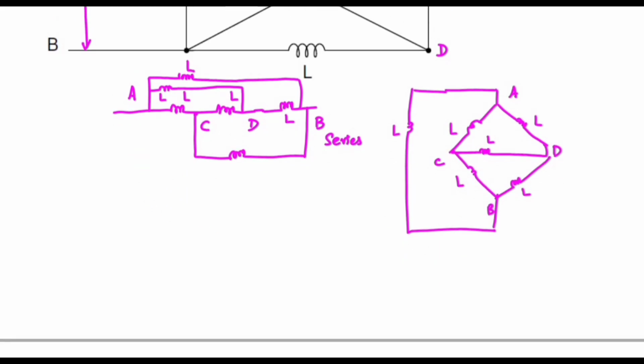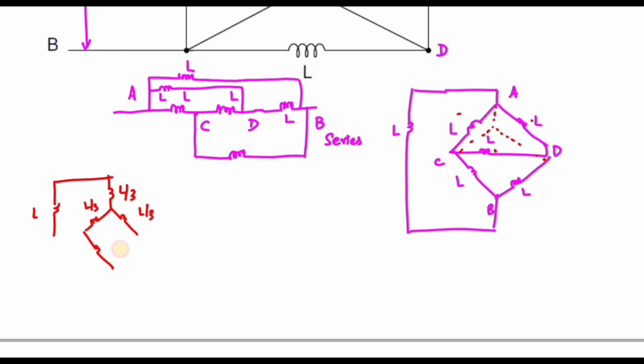If I convert delta to star, since all are equal, the formula gives L by 3. Okay. So this is how my circuit will change.